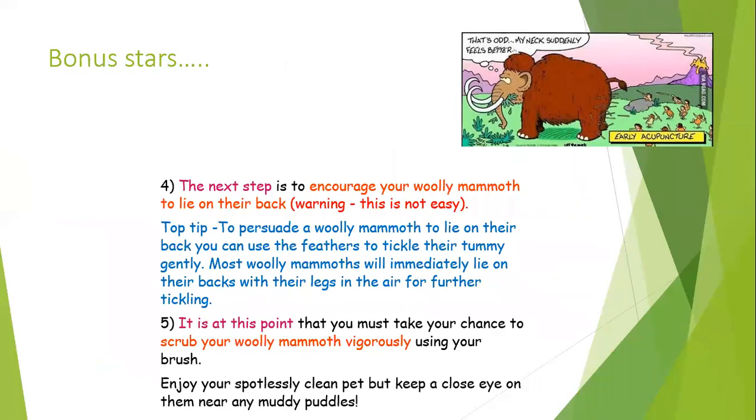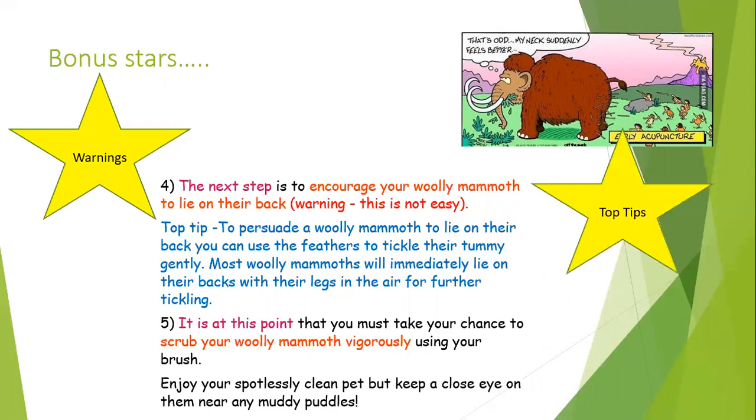Today, you can also earn some bonus stars for making your instructions extra clear for your reader and giving them extra information. Your first bonus star is for giving your reader a warning. So what do they need to look out for? Your second bonus star is for a top tip.